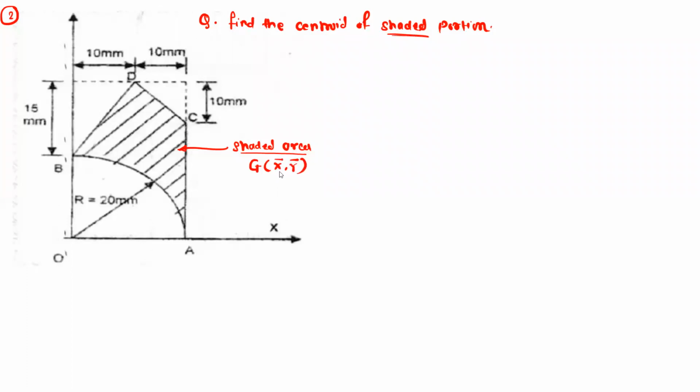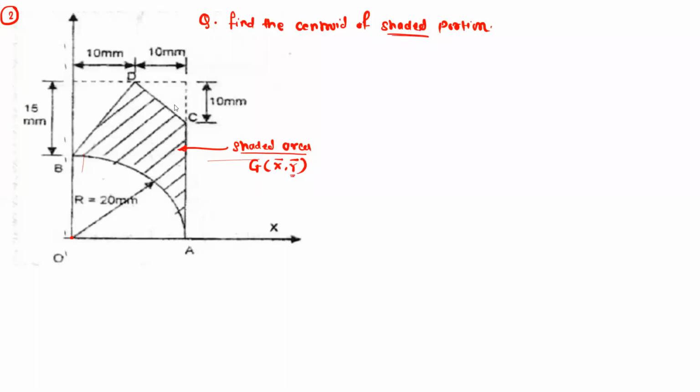X bar will represent the X coordinate, that is the distance with respect to the origin along the X direction, and Y bar represents the Y coordinate, that is the distance along the Y axis. So to find this G, X bar, Y bar, observe the complete geometry.